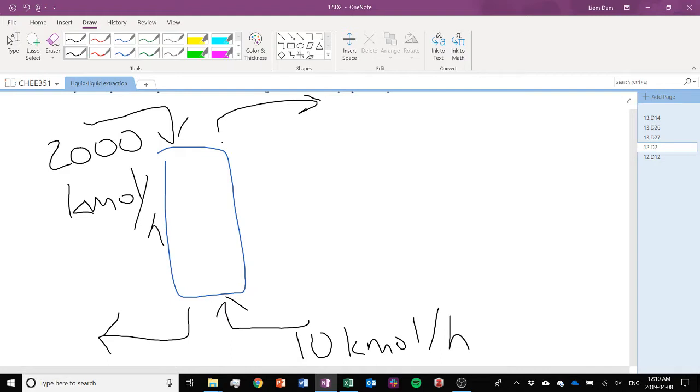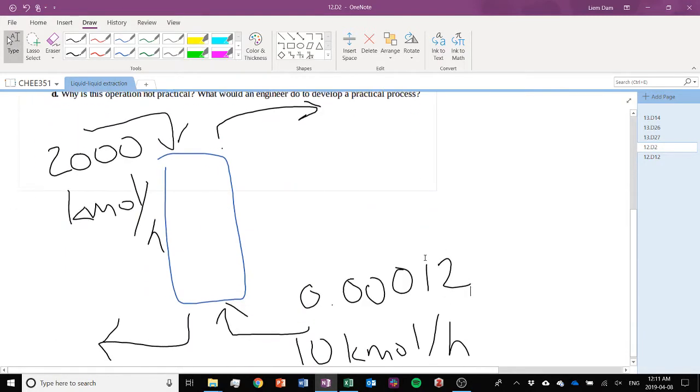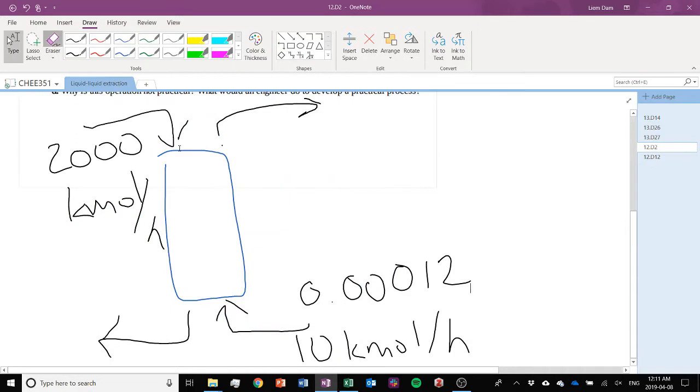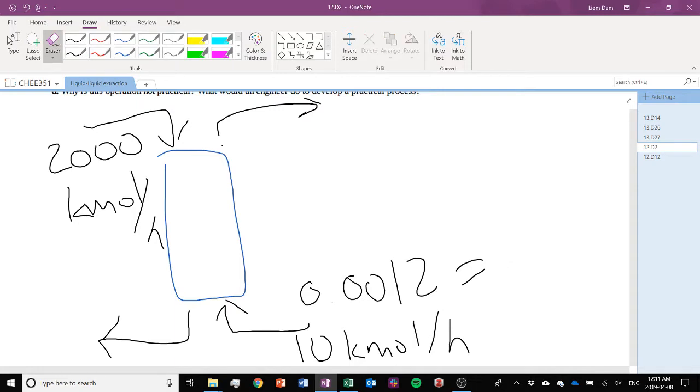The concentration of the hydrogen sulfide is 0.0012, if I'm not mistaken. Oh, I added an extra 0. And this is the concentration YA.